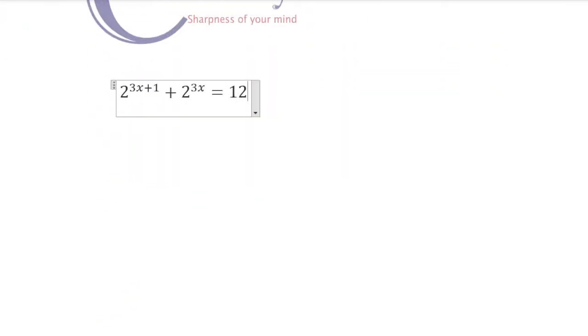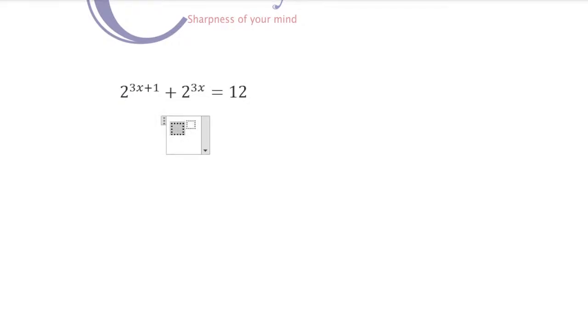So remember, as you can see that this is an exponential equation, which means you have to change everything into exponential form. All right, so let's start with the left hand side first. Let's try to simplify the left hand side. Here we have to split this one.